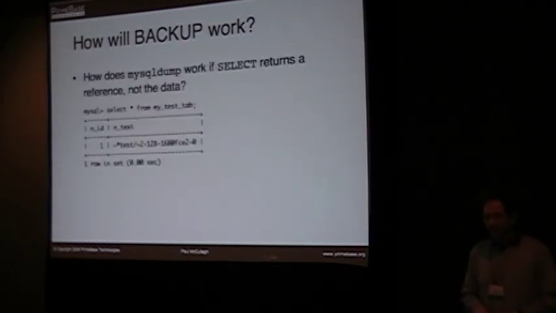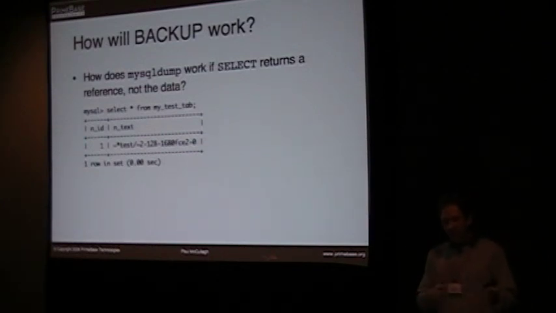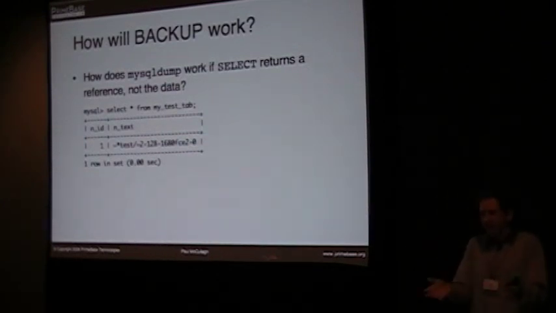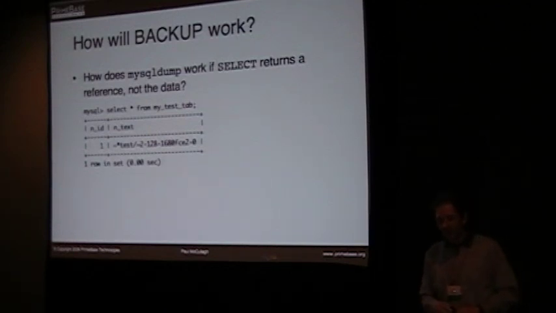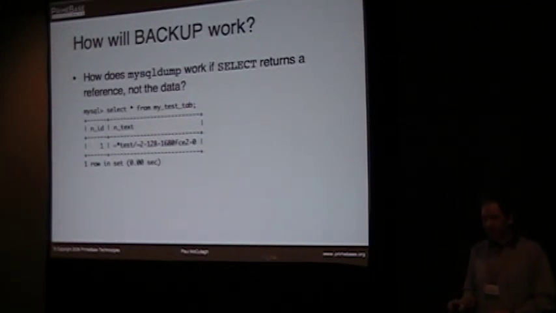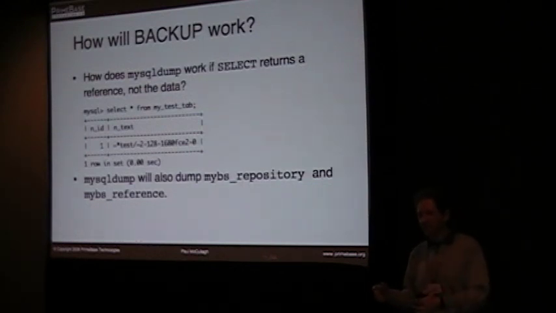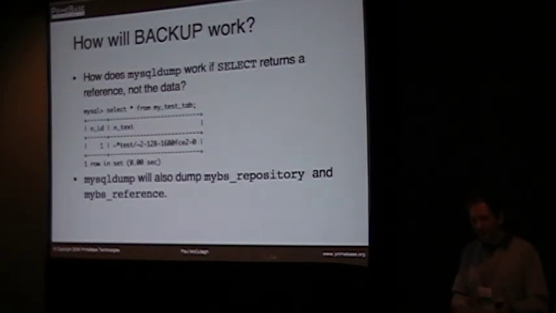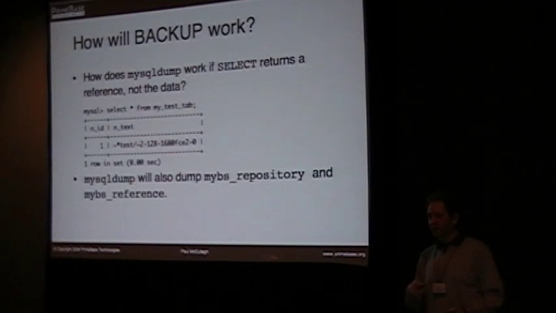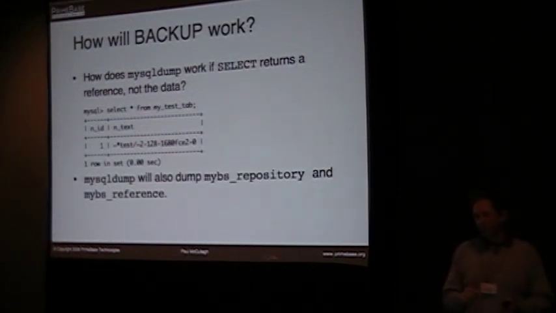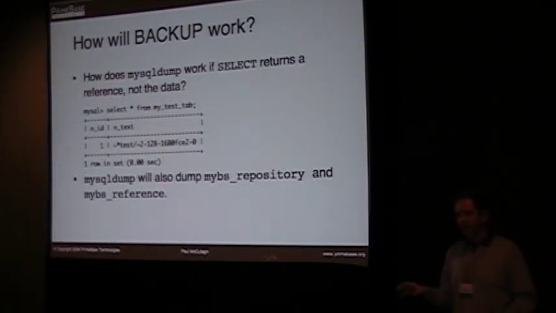So how does backup work when, as you saw when I did a select, I just got the reference out, no data? How would, for example, a MySQL dump work in this case? Well, MySQL dump will also dump the repository system tables, the MyBS repository and reference tables. So by dumping those tables, all the data that I need to reconstruct the repository is in the dump, with the one exception that MySQL dump can only dump, I think, 2 GB of data.